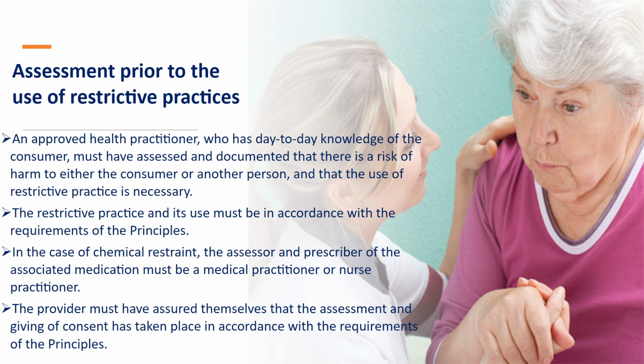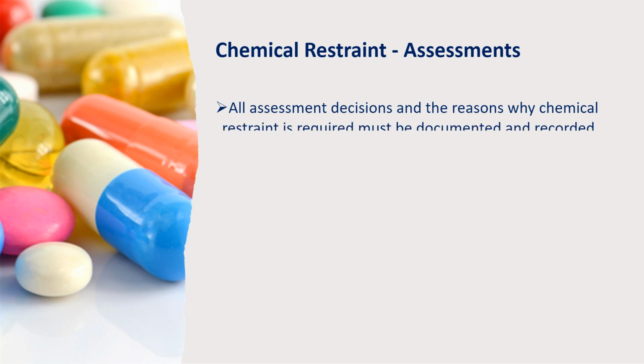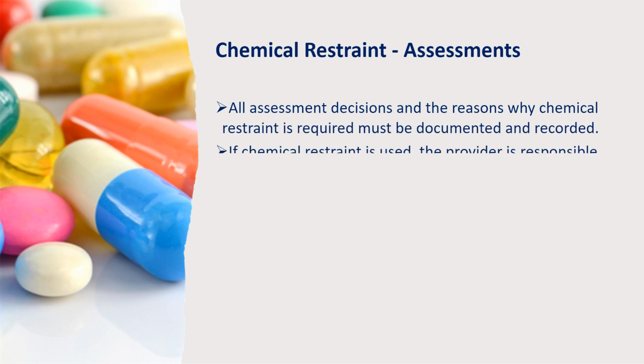And if it's a chemical restraint that is being used, then the assessor and prescriber should be a medical practitioner or a nurse practitioner. The provider should be certain that the assessment has taken place and that consent has been given as well.